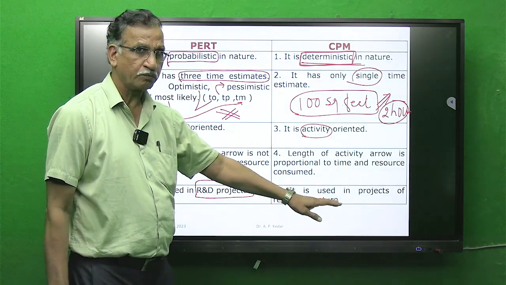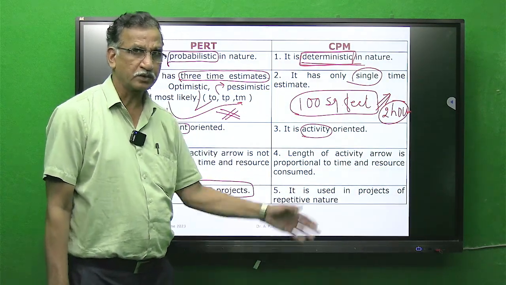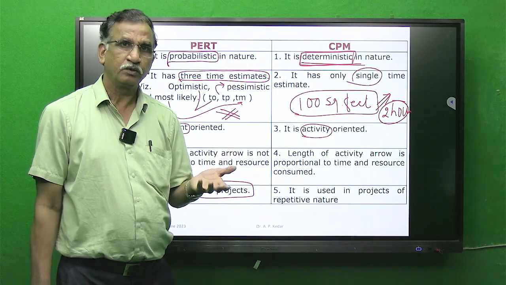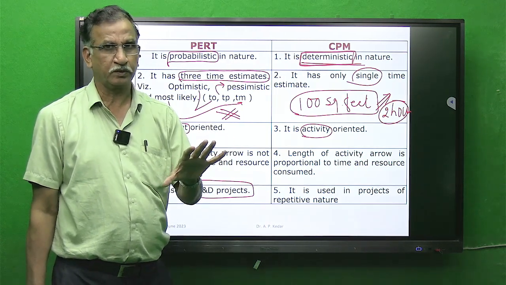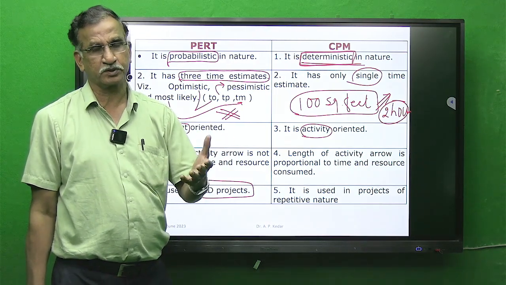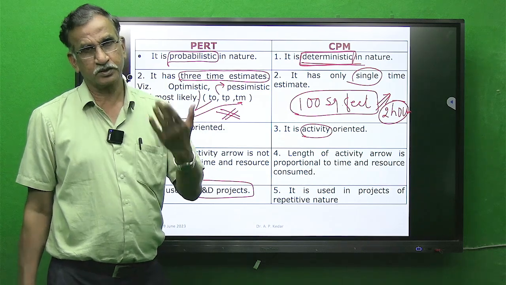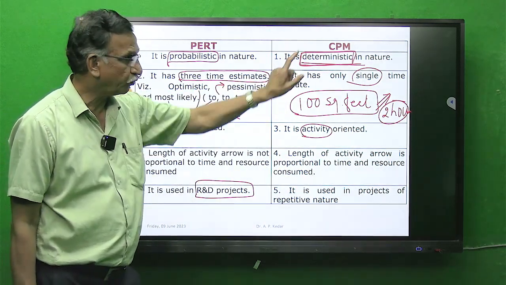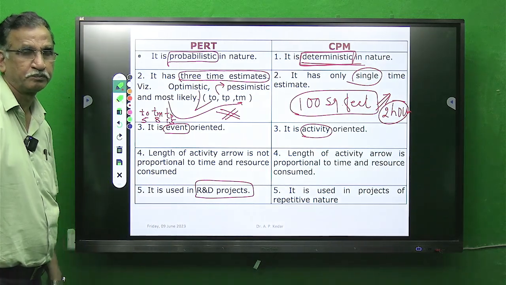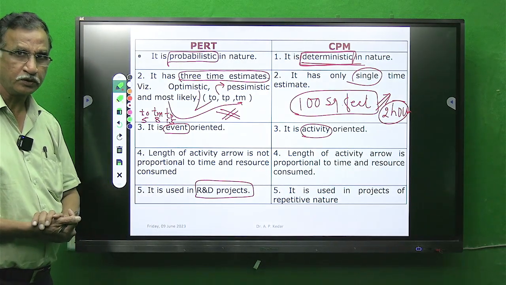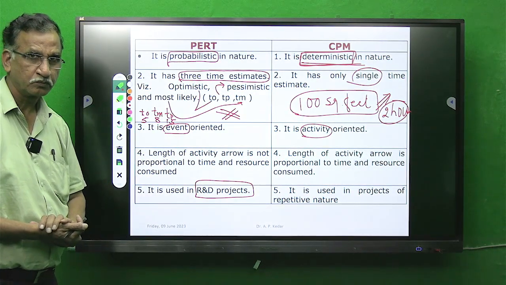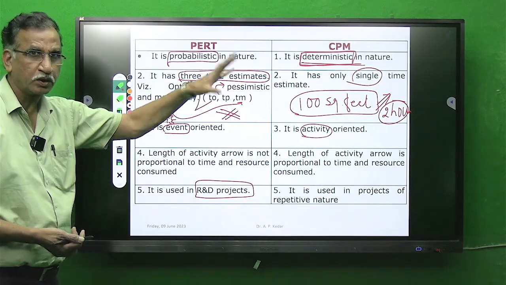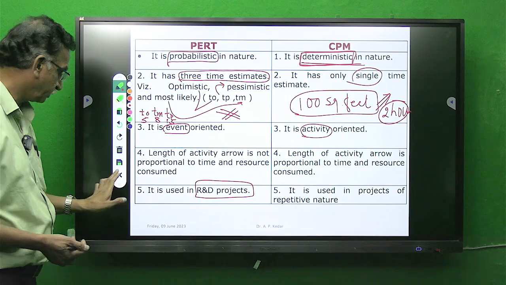But when you are very sure, as I have repeatedly said, in the construction industry, we know that this much activity is taking this much time because the work is monotonous and repetitive, go for CPM. Got it? PERT and CPM, both are under network models. Next.